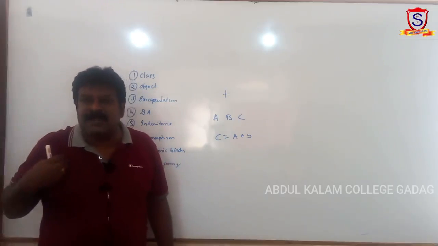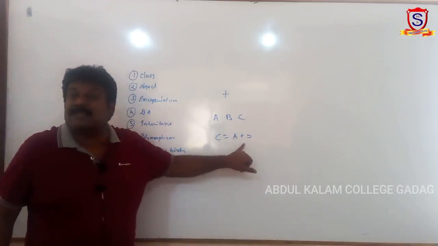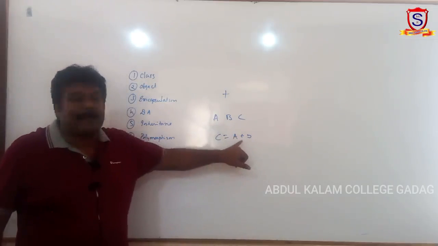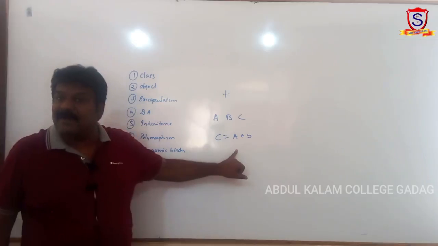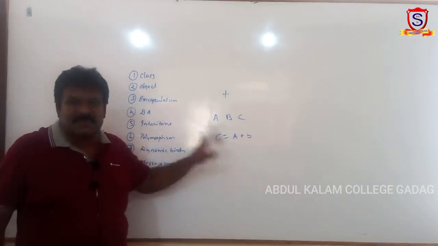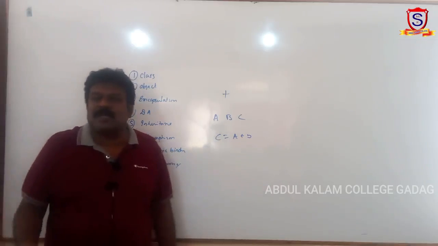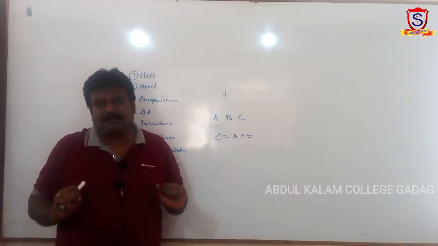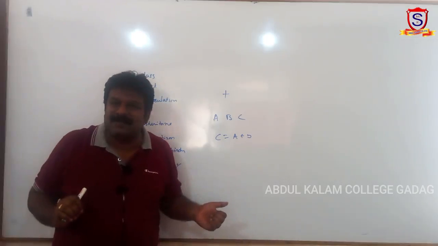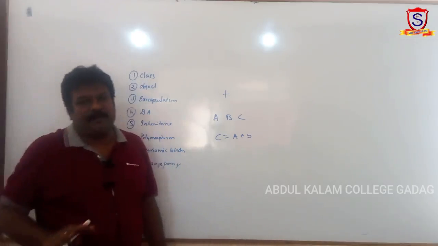Now what I can do is overload this plus operator in such a way that simply by putting plus in between two arrays, these two are added and the result will be put under C. This is what is called polymorphism. Now see, plus operator is overloaded. This is what is called operator overloading.